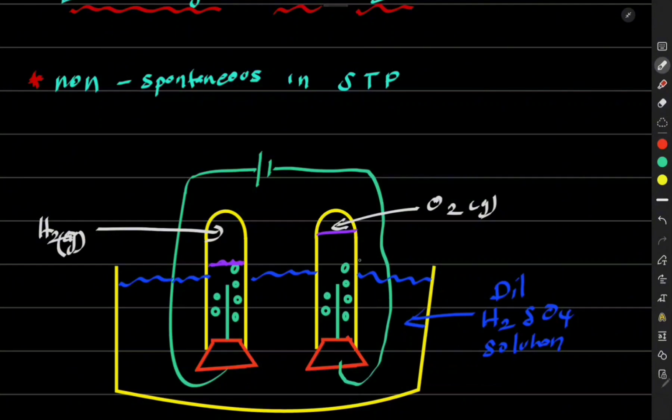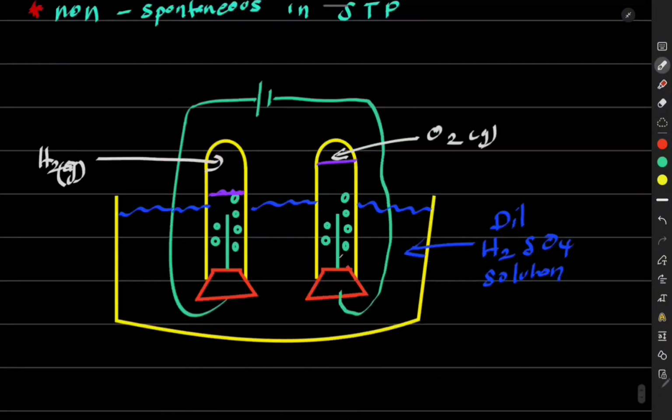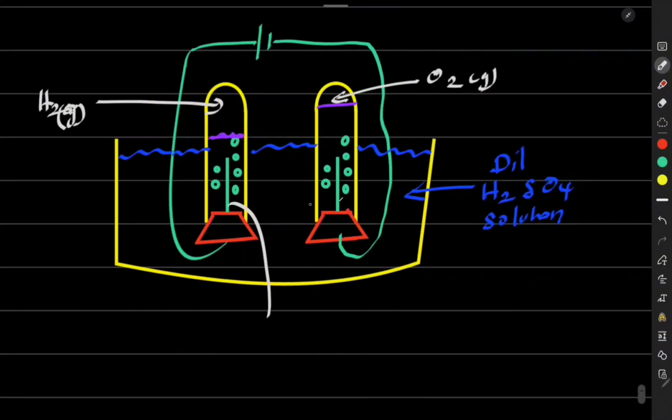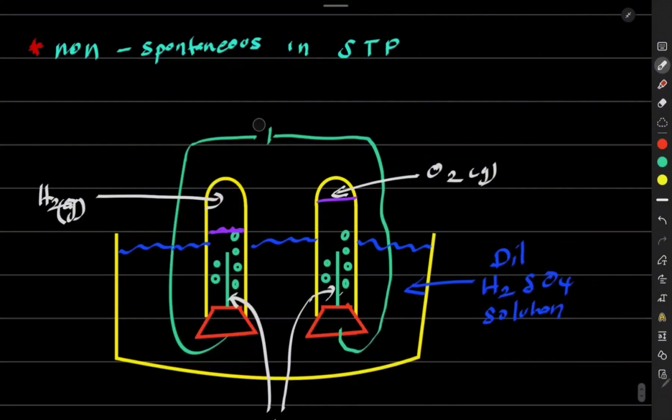These are boiling tubes, and this is a stopper, and both of these are platinum wires. This is the positive terminal, and this is the negative terminal.